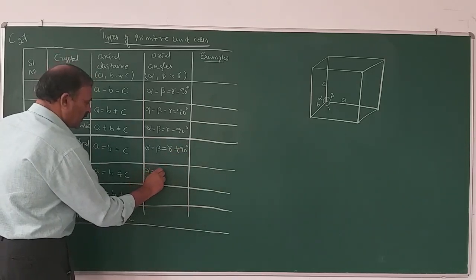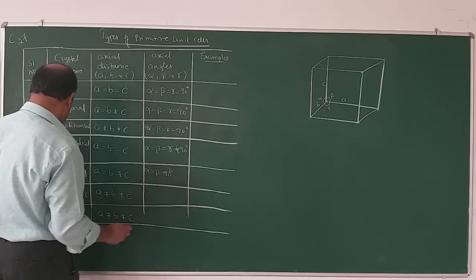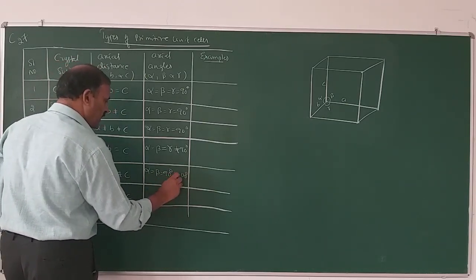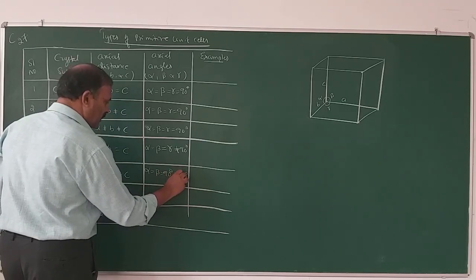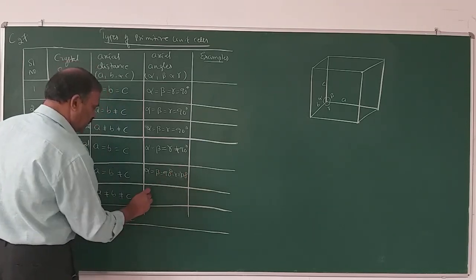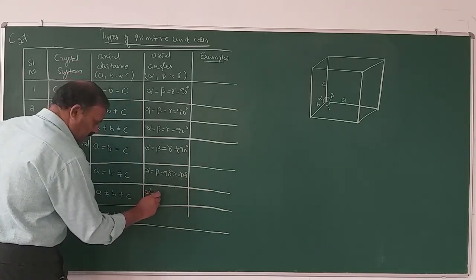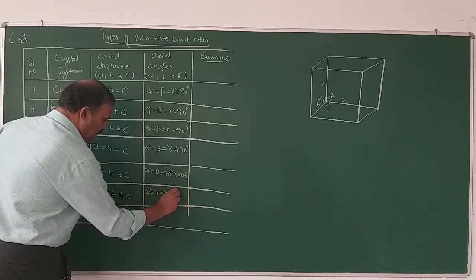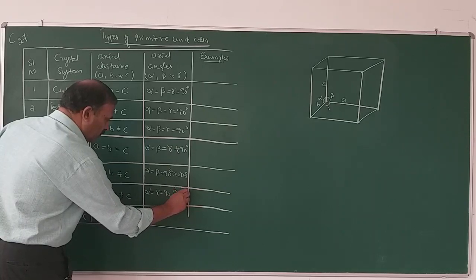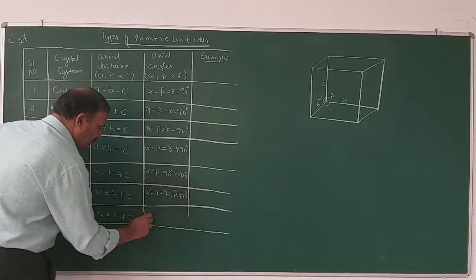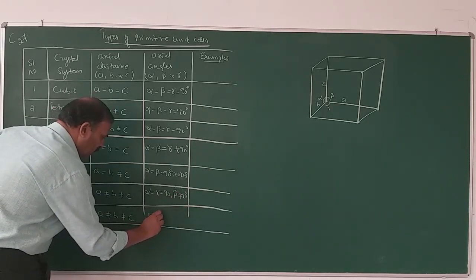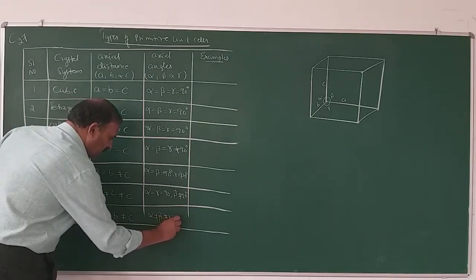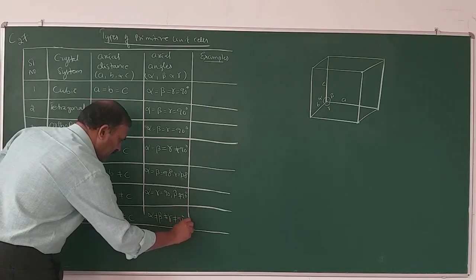Alpha equals beta equals 90 degrees and gamma equals 120 degrees. Here alpha equals gamma equals 90 degrees, beta not equal to 90 degrees. Here alpha not equal to beta, not equal to gamma, not equal to 90 degrees.